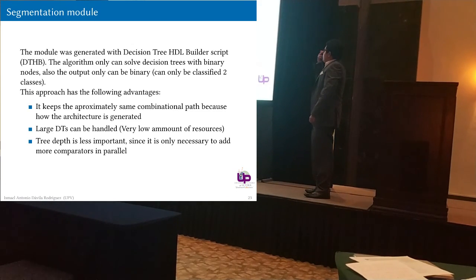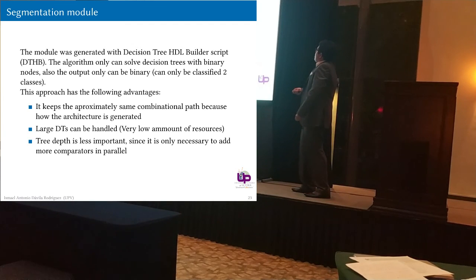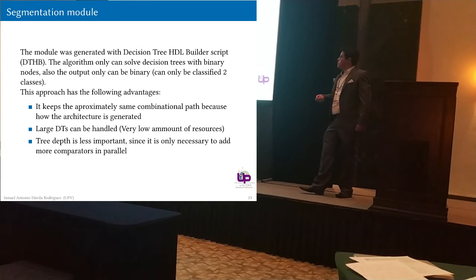After that, what's done in the segmentation model? Okay, let's describe this. The segmentation model, as I said, was done by the Fusion 3 HDR builder. It only classified 2 classes, and this approach has the following advantages.